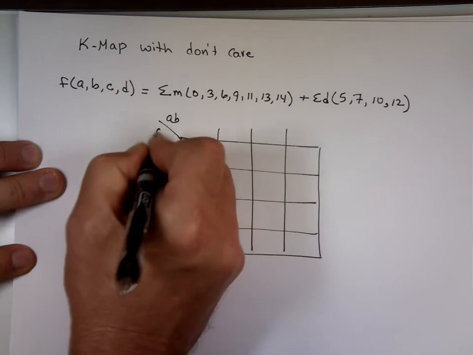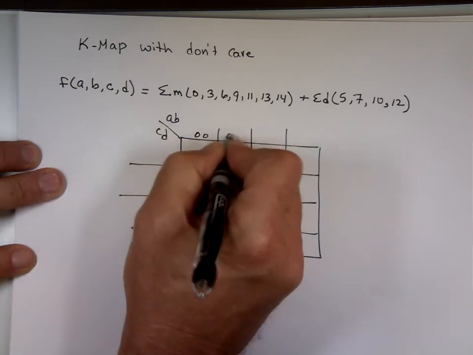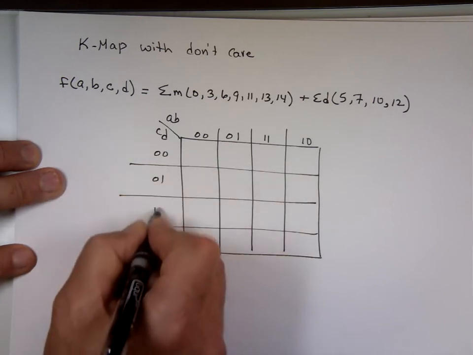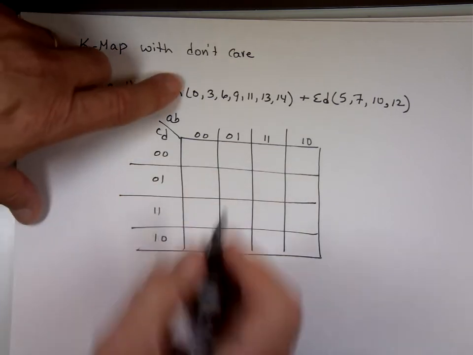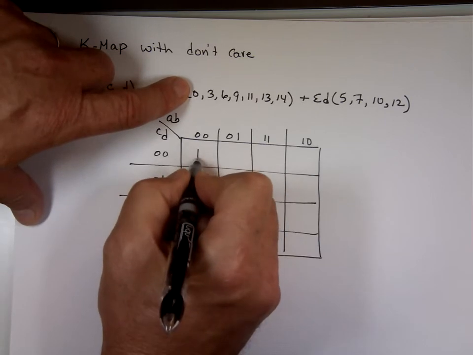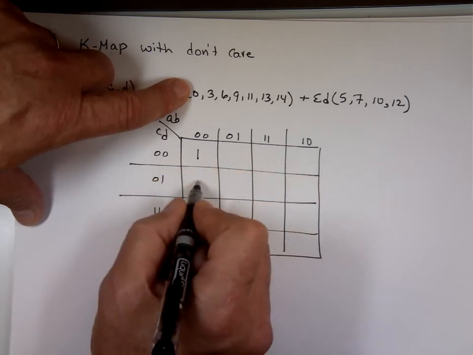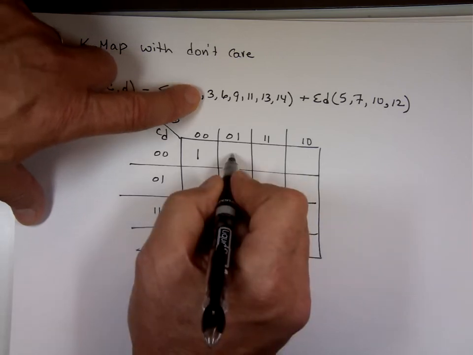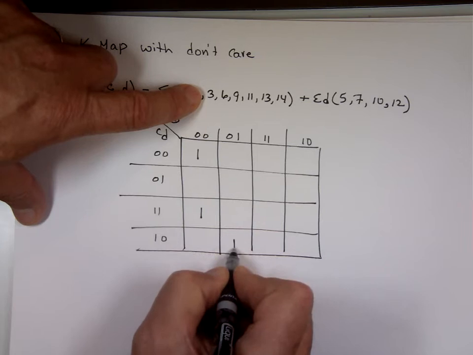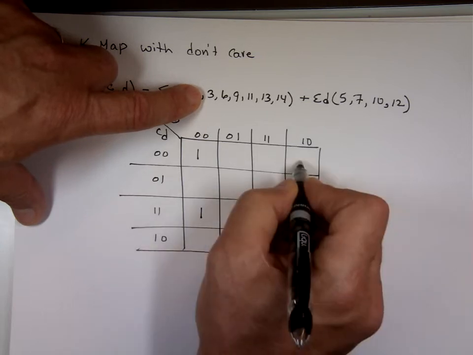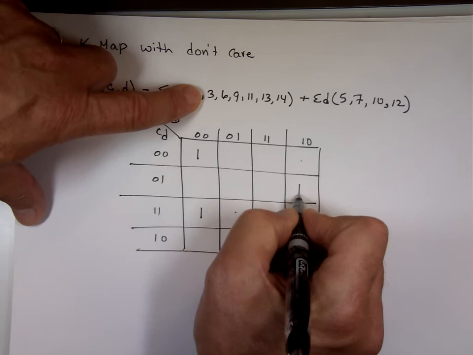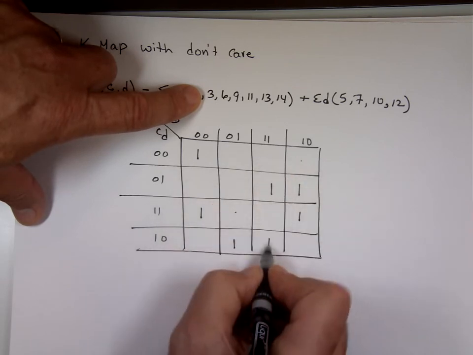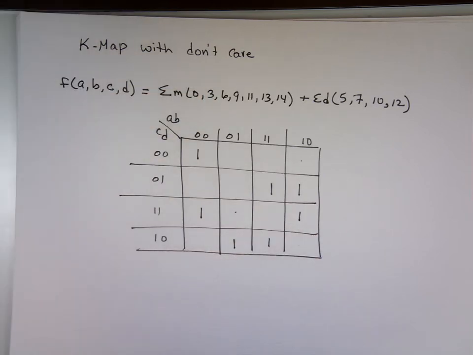A, B, C, D. So you have a value of 1, 0, 1, 2, 3, 4, 5, 6, 7, 8, 9, 10, 11, 12, 13, 14, and that's the 15.